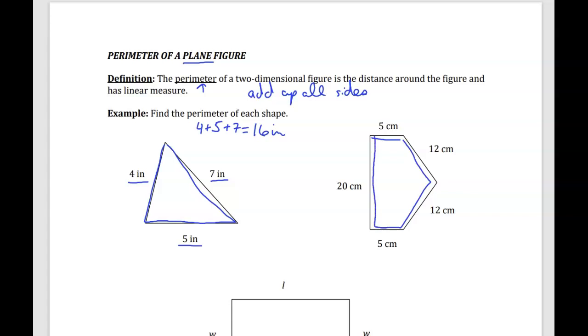It's like taking a string or something and laying it around the edge of everything and then undoing that string and measuring the length of that entire string. So if I took a string and held it here and then staked it here and then kept unrolling my string, staked it here, unrolled it some more, staked it here, and cut off my string.